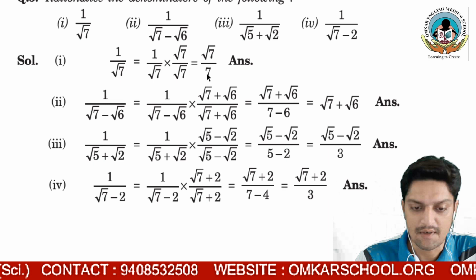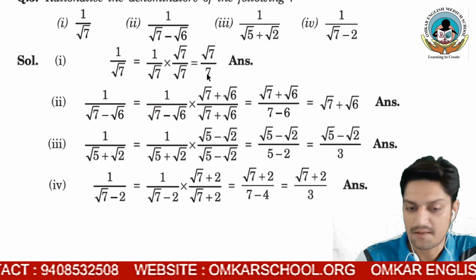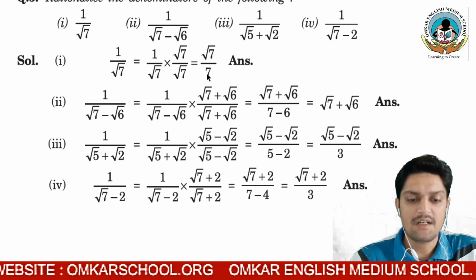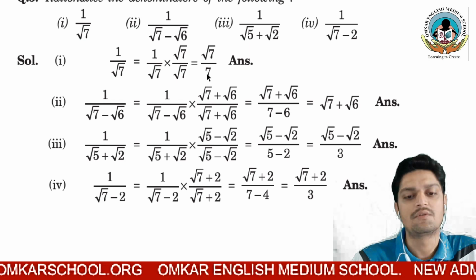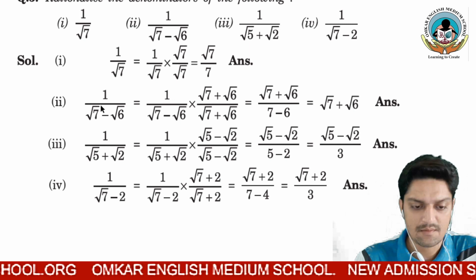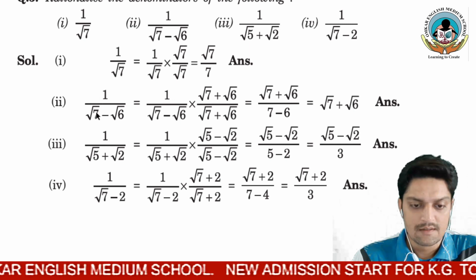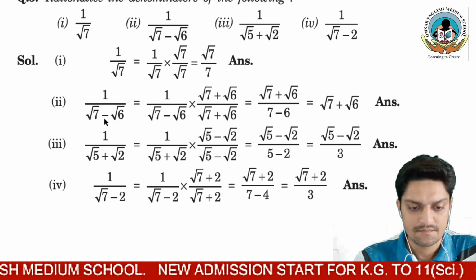So root 7 by 7, and that's your answer. Simply, from the denominator we have just removed the roots. Okay, let's come to the second question. Here, 1 upon root 7 minus root 6.